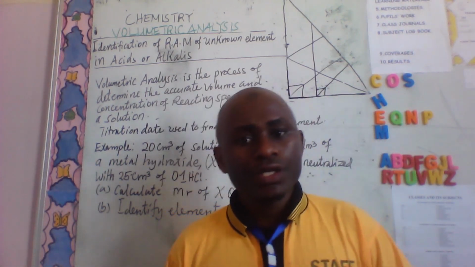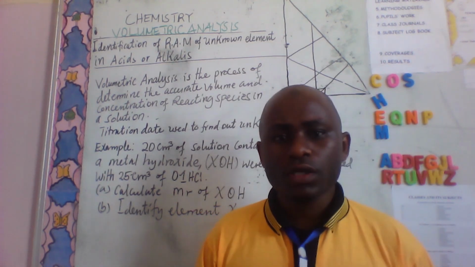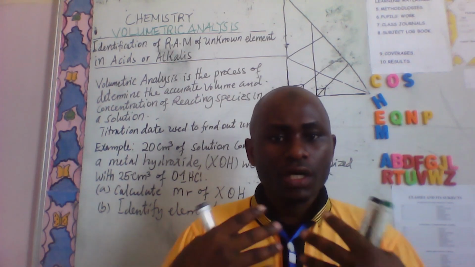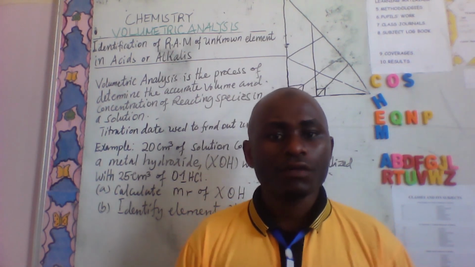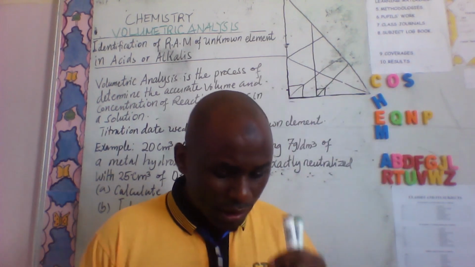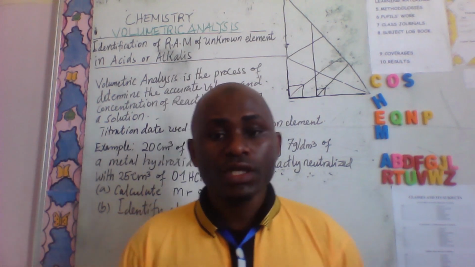So in order to identify the relative atomic mass of an unknown element, we are supposed to have the titration data. On the other hand, you can say that volumetric analysis can be used to identify an unknown element or a relative atomic mass.